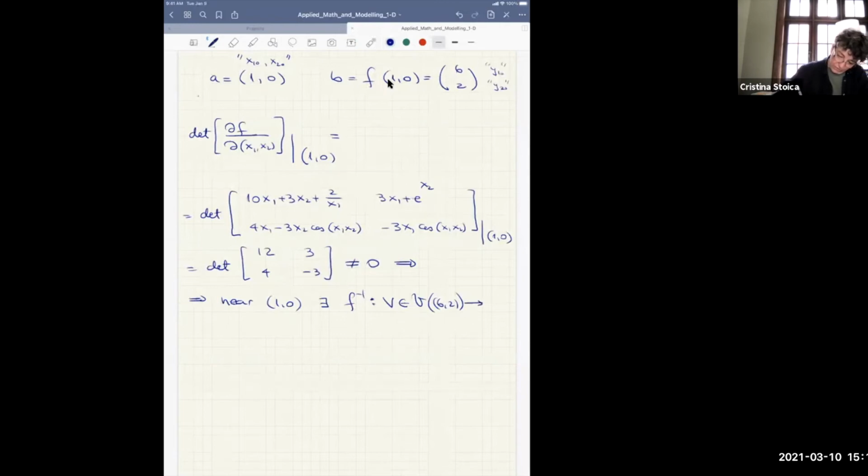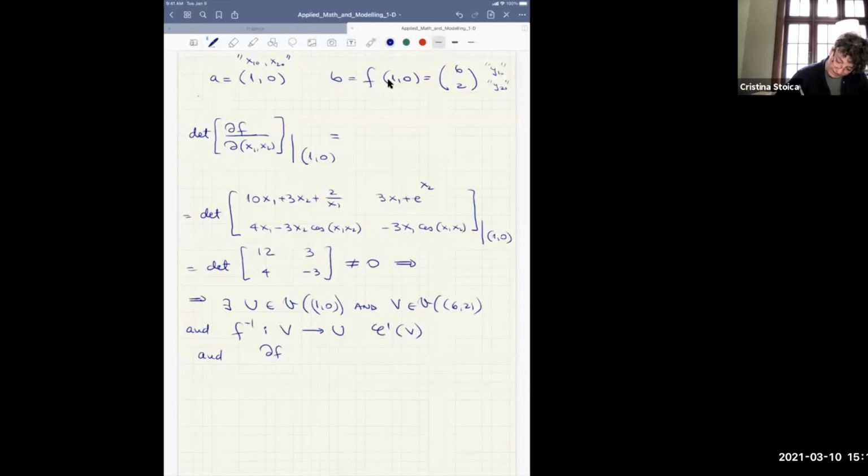So there is U, a neighborhood of (1, 0), and V, a neighborhood of (6, 2), and f^-1 defined on V goes to U, and is differentiable, in class C1 on V, okay? And the derivative, right, df^-1 calculated at y being (6, 2), is the inverse, right?